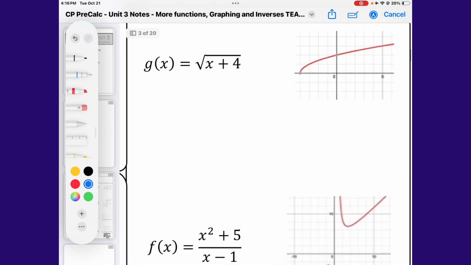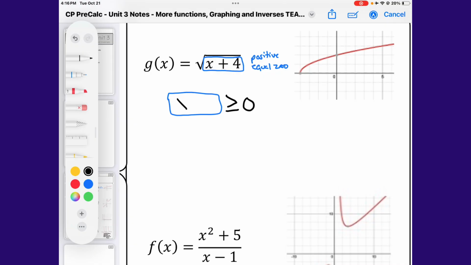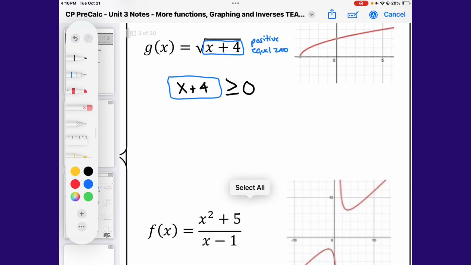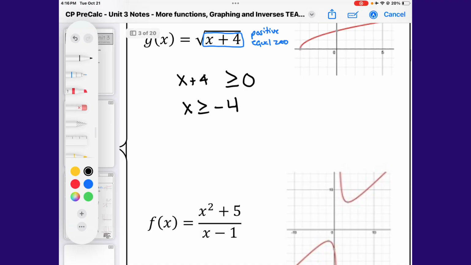All right, so our first function is g of x is equal to the square root of x plus 4. Whatever is underneath of here is allowed to be positive, and it also can equal 0. So we're going to take what's underneath of there, and we're going to say, hey, you have to be positive or equal to 0. So now I'm going to solve this. I'm going to minus 4 from both sides, and we get x is greater than or equal to negative 4.